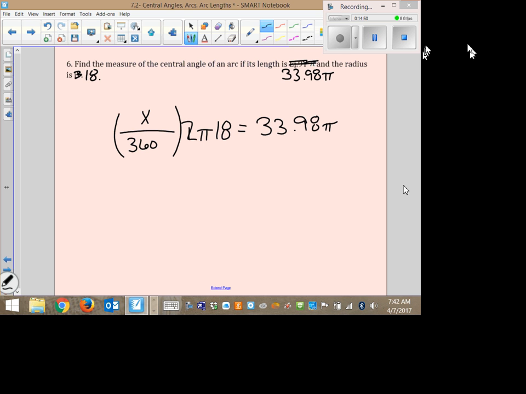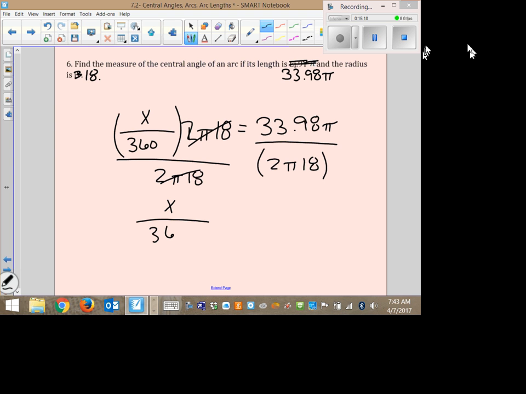So dividing by 2 pi 18 on both sides, it's going to cancel it on the left. So we're going to take 33.98 divided by 2 pi times 18. Make sure that all of that is in the denominator, so put all of this in parentheses if you're typing it in. So you get x over 360 equals 0.3.